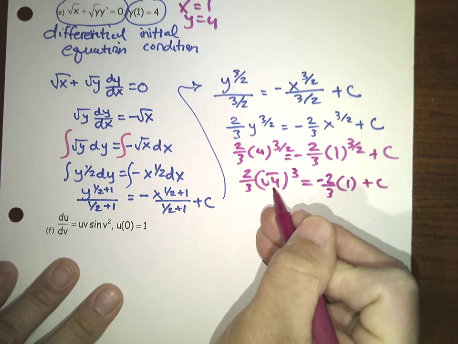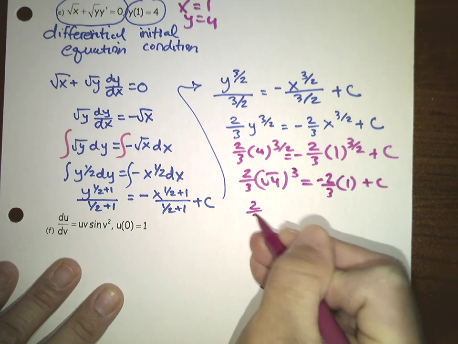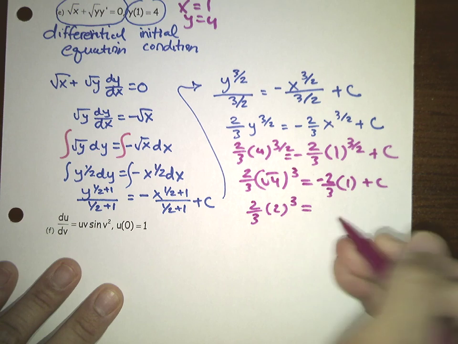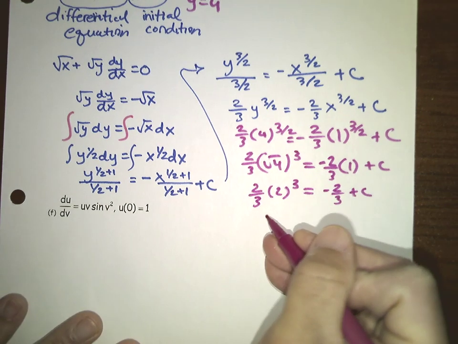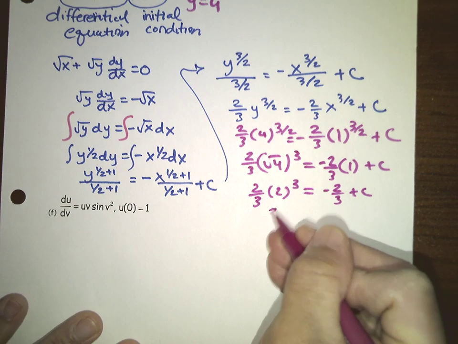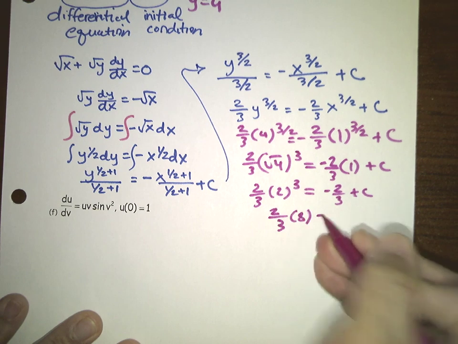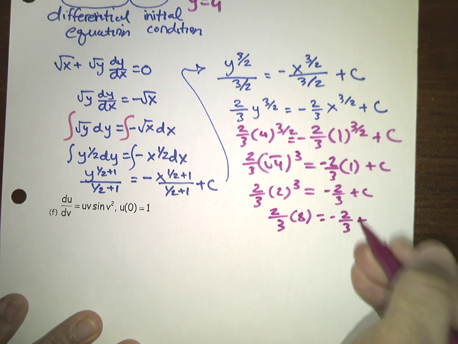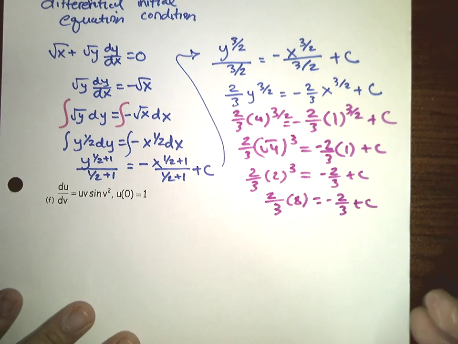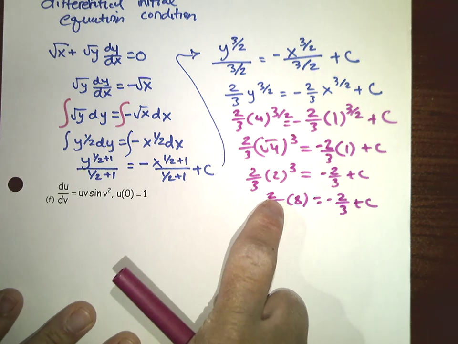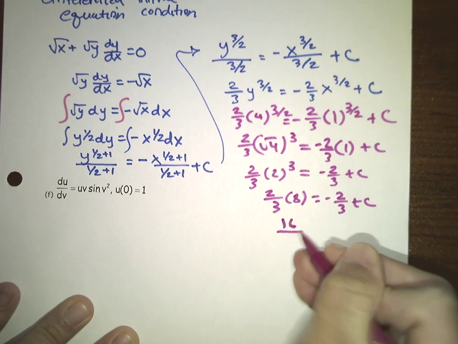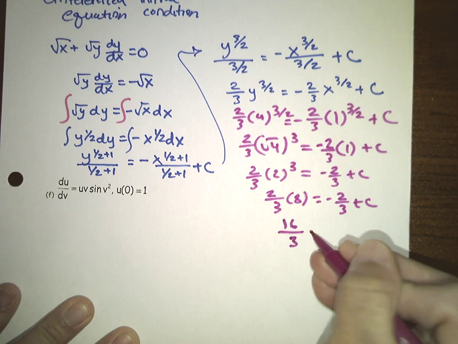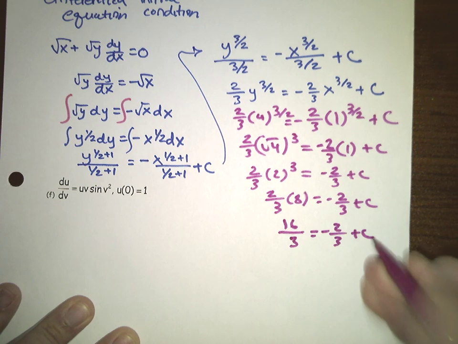And then square root of 4 is 2, so you have 2/3 times 2 to the 3rd equals negative 2/3 plus c. And then 2 to the 3rd is 8, so you have 2/3 times 8 equals negative 2/3 plus c. And then you multiply here, so 8 times 2 is 16, so you have 16 over 3 equals negative 2/3 plus c.